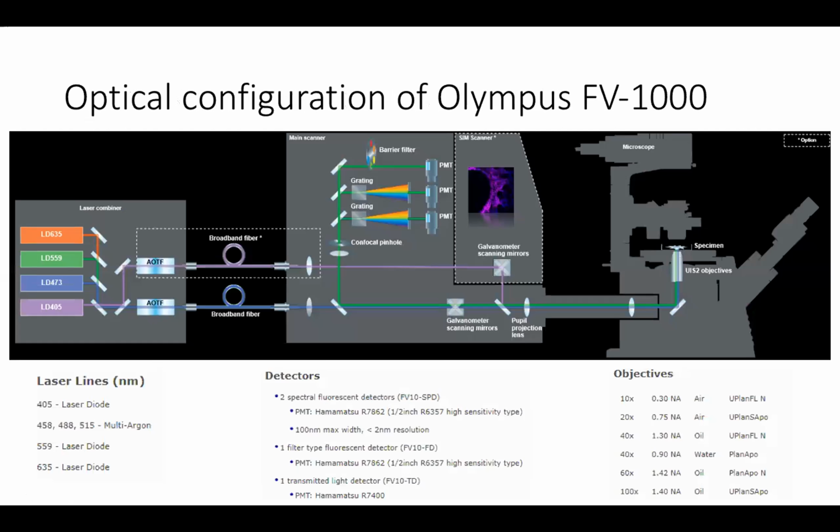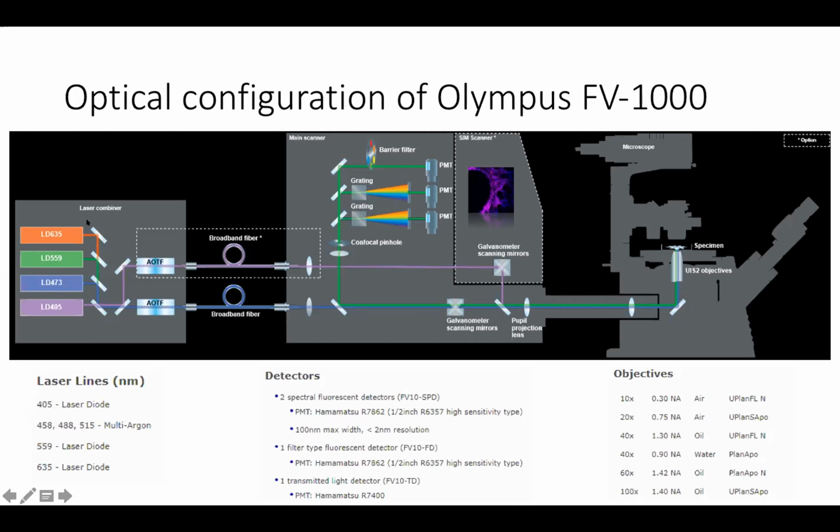Okay? So just to run down real quick on the optical configuration of the Fluoview-1000. This is like a cross section of how everything is spread out for Fluoview. We have got four different lasers: a 405, 473, 559, and a 635.